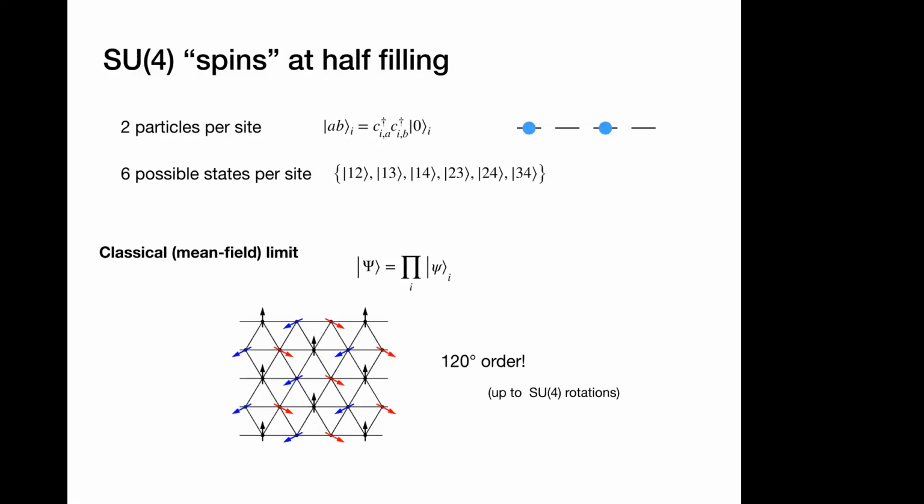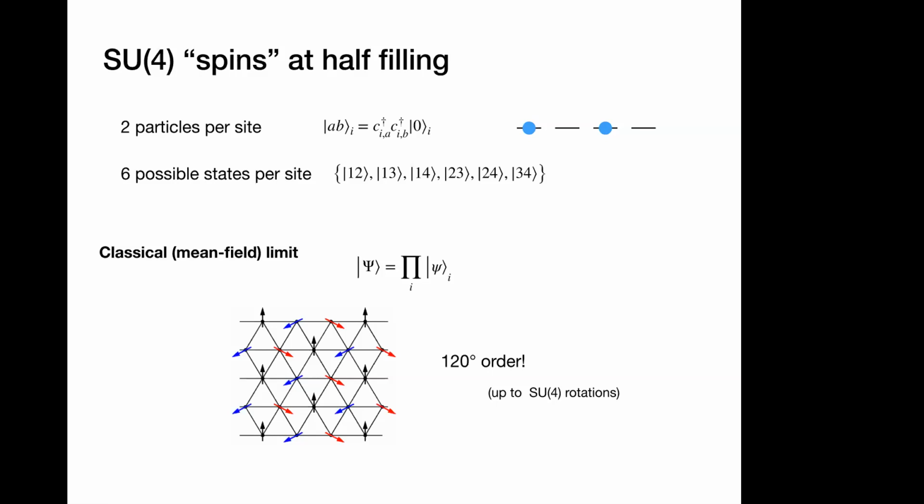What we find is that if we look at the classical limit, which essentially corresponds to looking at the variational wave function, which is a product wave function, we find a state very similar to the 120-degree order state for the SU(2) spins. Again, it's a very large degenerate manifold, with a lot of states related to each other by SU(4) rotations.